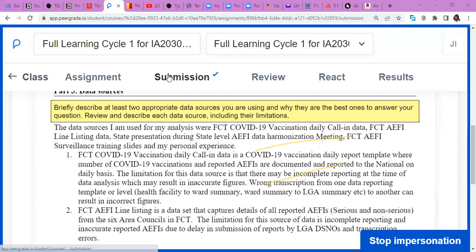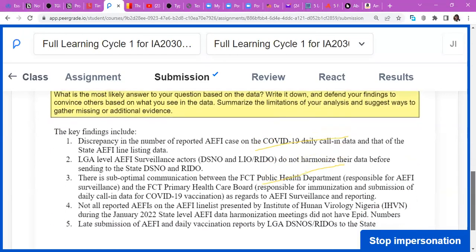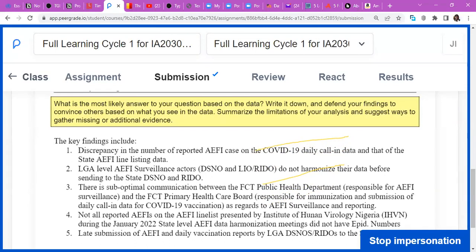And finally, on your key findings, if I understand the situation analysis format, the key finding is supposed to show your initial findings in answering your challenge question. But the key findings you have listed here seem to be describing your problem.